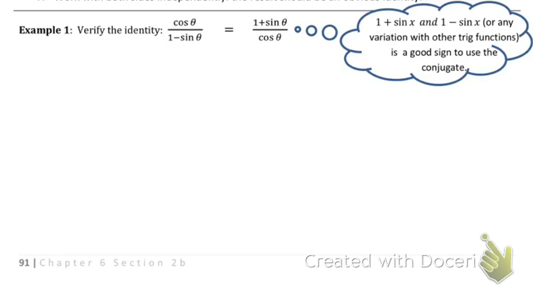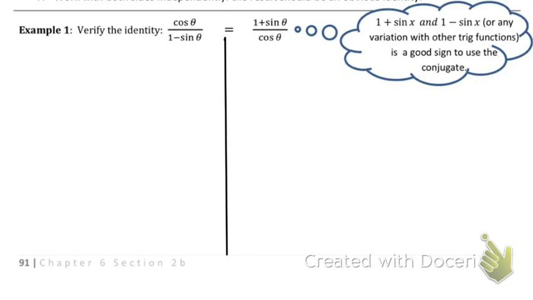I'm going to pick the left side. Not that it's any more difficult, they're both the same, but I'm just going to pick the left side. So I'm going to build that kind of wall between the two to remind me that I can only work on one side at a time. I'm going to multiply the left-hand side by the conjugate. The conjugate of 1 minus sine theta is 1 plus sine theta.